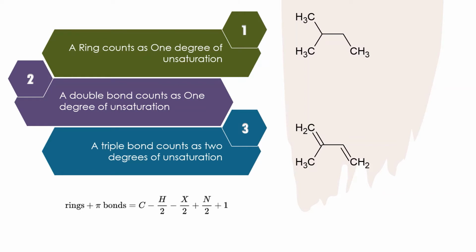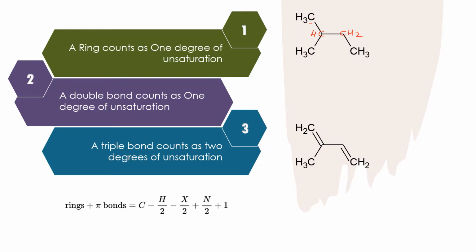So in the first structure, this is the first carbon, then we have the second carbon, CH2 and CH3. So this is the structure.